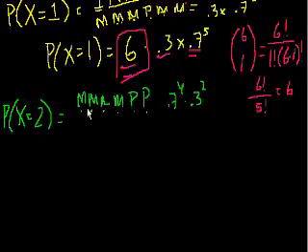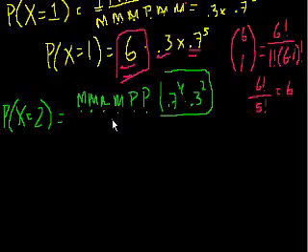I can choose any 2 of these shots I take to be the ones that I make. I'm not picking it, but the gods of probability will pick it, right? So this isn't the only circumstance. The probability of just this circumstance, where I miss exactly the last 2 shots, is this. But if I wanted to figure out all of the different ways that I can make exactly 2 shots, I would essentially say, well, I'm taking 6 shots, and I'm choosing 2 of them to be made.